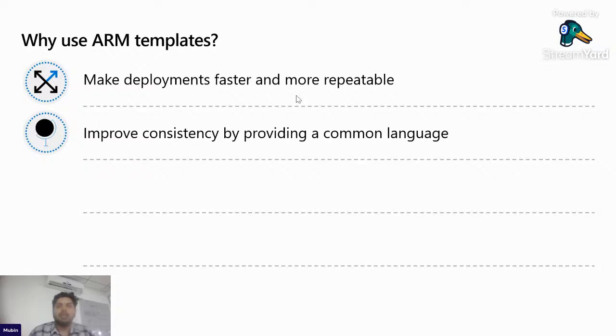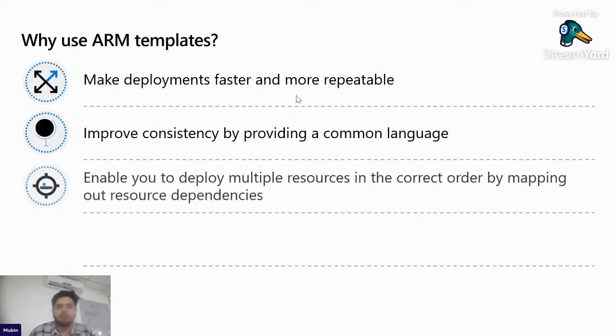You need to have consistency throughout whatever infrastructure you are creating. These templates provide you that upper hand, that you are following the same naming convention for all the resources, and thereby maintain consistency.